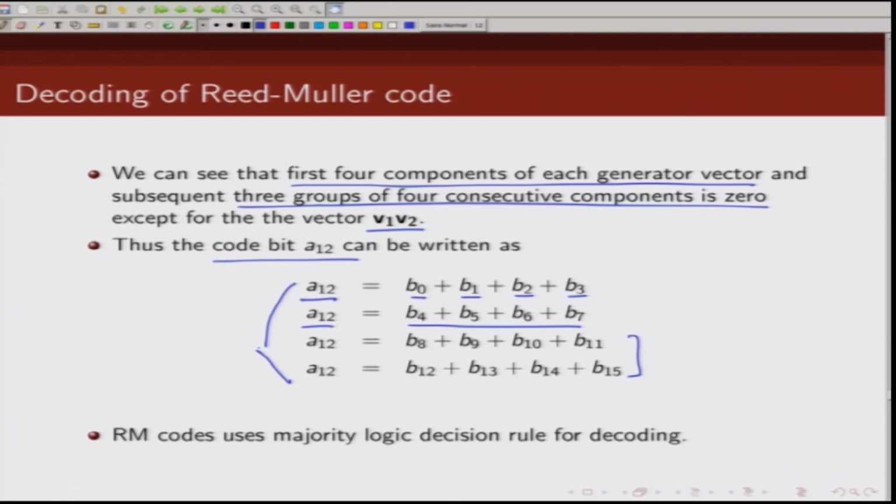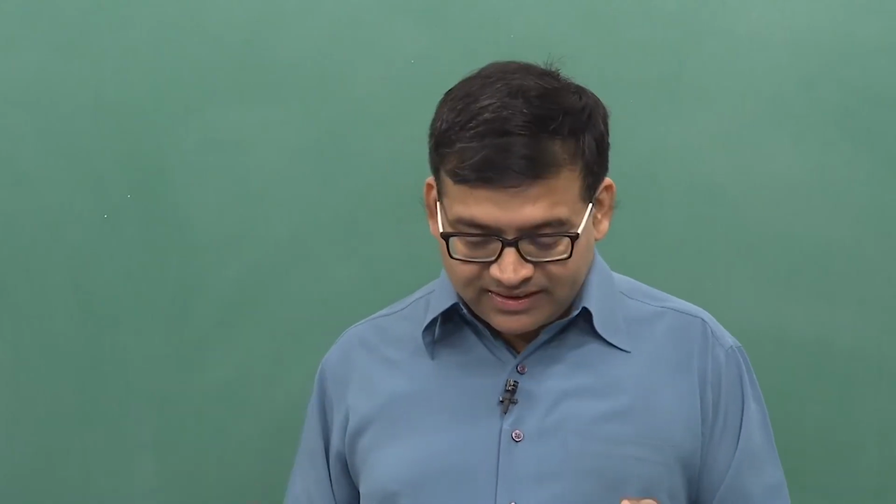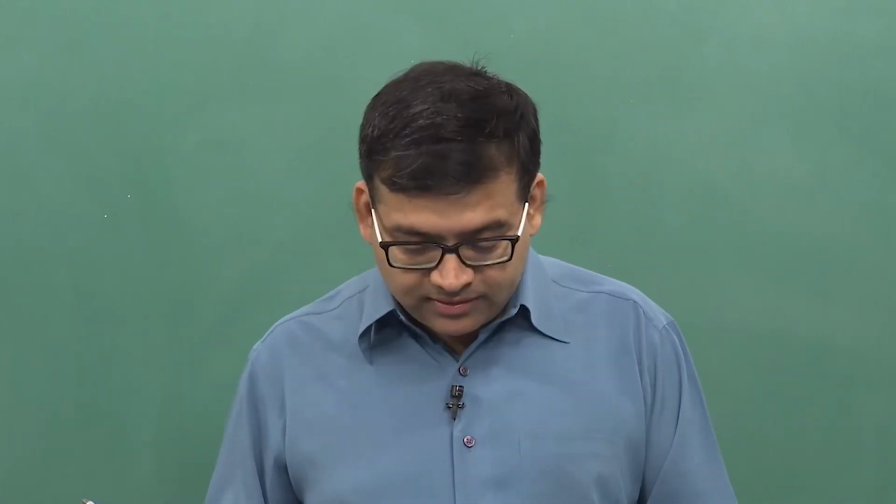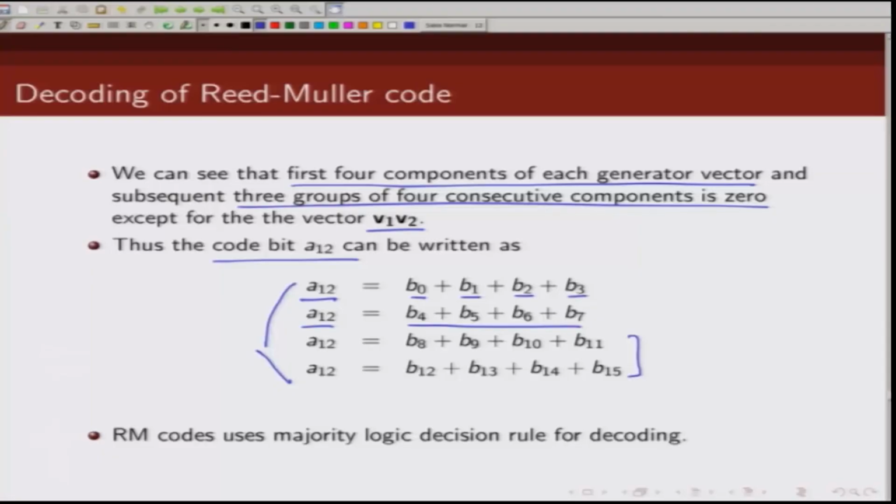Now, the decoder can take a majority logic decode. If there is no error, of course, all of them will tell me that A12 is the same bit, whether it is 0 or 1, but if there is a single error, what you will notice is, let us say there is an error in some bit location B1, then A12 here would be different from what A12 I am getting from the other 3 equations, and then I will use majority logic decoding.